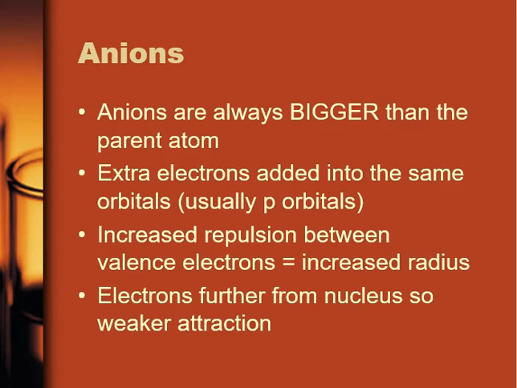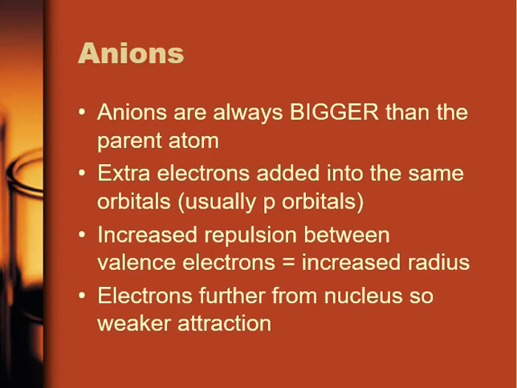Those electrons are repelling each other. When things repel each other, they move further apart. So they are going to move further away from the nucleus, leading to an increased radius, because those valence electrons are then further from the nucleus, and you're going to have even less attraction between the nucleus and the valence electrons as well.